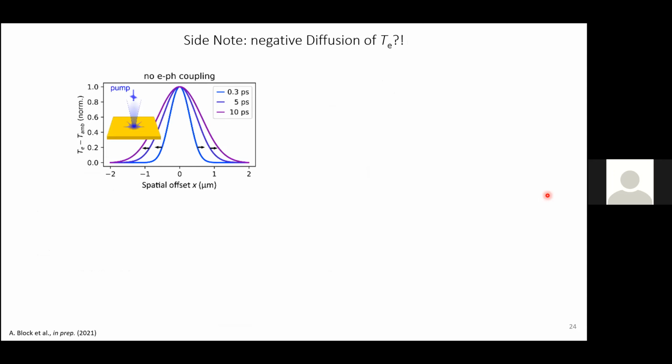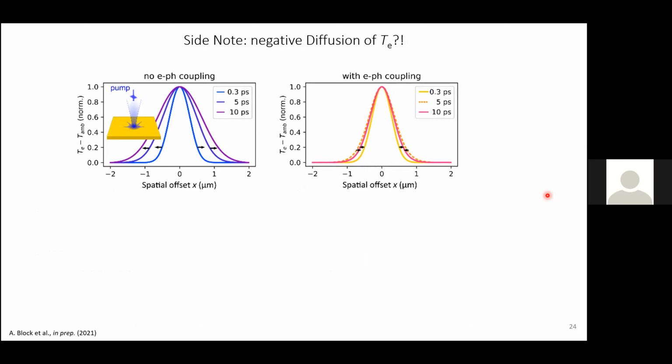In fact, there's something kind of subtle in here, which we didn't go into much detail in this paper, which is: if you exclude the electron phonon coupling, okay, the width spreads, but if you then turn it on in the simulation, you see that the electron temperature shrinks. So here we go from 0.3 to 5 picosecond, it spreads, and then from 5 to 10, there's a slight shrinking.